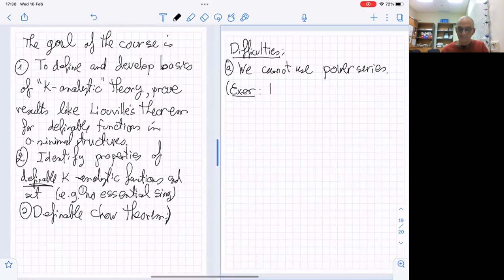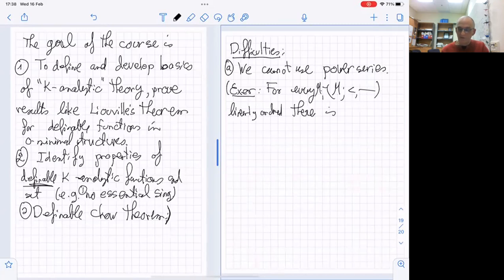Show that for every o-minimal structure, in fact for every linearly ordered structure, so this is for the model theorists, if this is M1, there is N1 elementarily equivalent to M1 such that no sequence A1, A2, A3 converges, except of course the constant sequence.